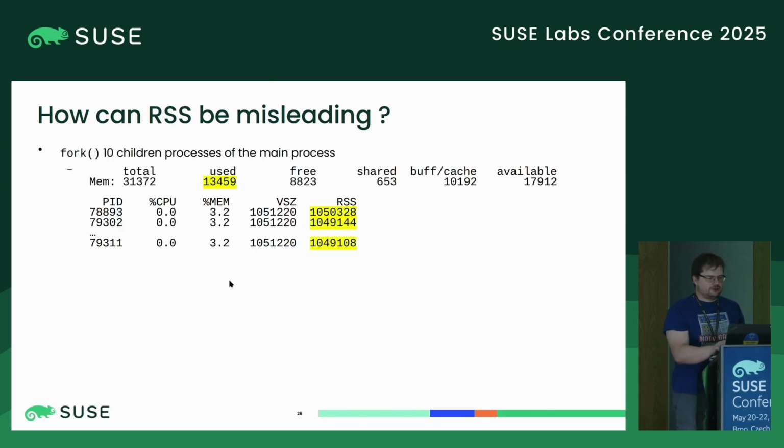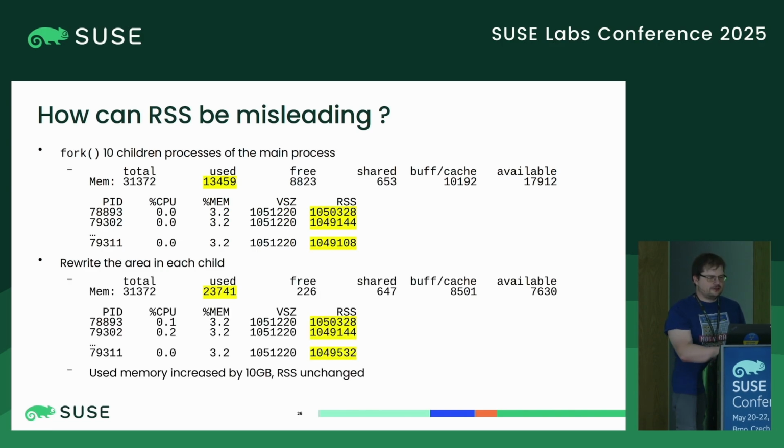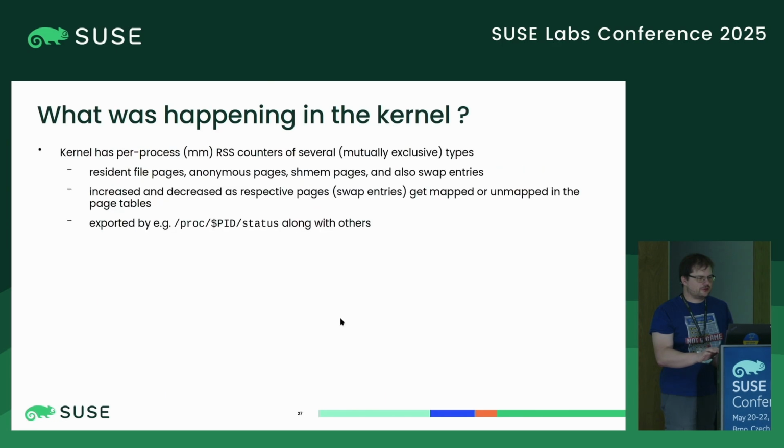And only once we write in each of the children to this area, then finally the used amount of memory increased by this 10 gigabytes. But the RSS is the same, so it didn't actually tell us much about the memory usage of these processes.